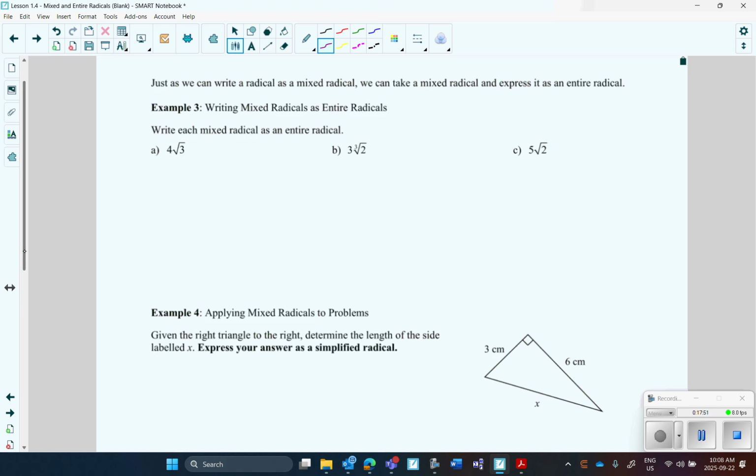For the number, if you're going to do 1 times 4 times 3, instead of choosing 3 times 3, you can start with 3. Excellent. You have to change 4 to a square root. How do you change 4 to a square root? 4 times 4. It's the square root of 16. And now we can multiply these two into one single square root. Either in your head or using a calculator, you get root 48.